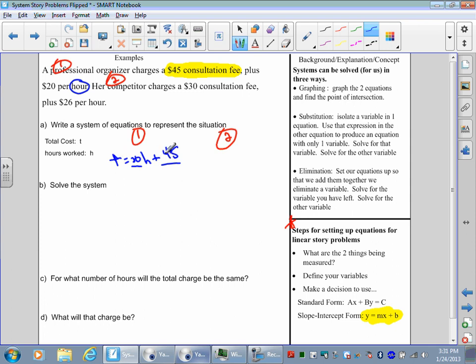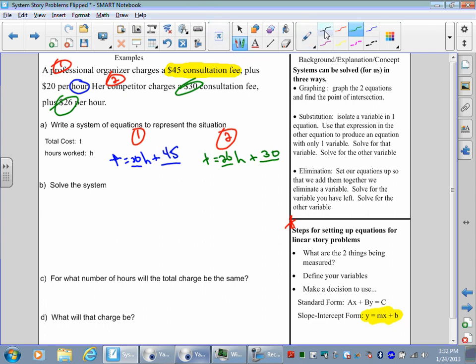So our first equation is T equals 20h plus 45. And now our second equation, well, she's got a $30 consultation fee and $26 per hour. So again, total cost is going to be some amount times the hours plus some amount. $30 consultation fee and $26 an hour. So now I have written my system of equations.